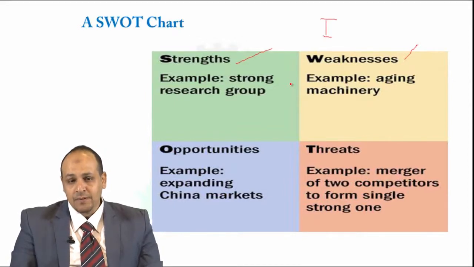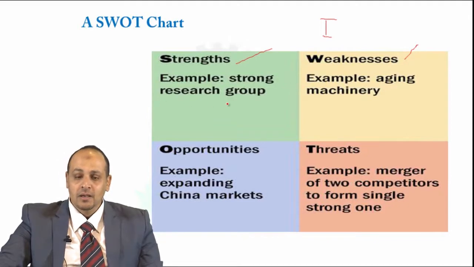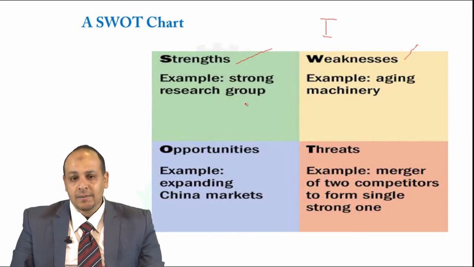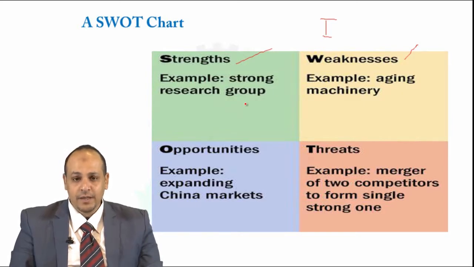An example of a strength here is a strong research group. A company may sometimes have a research and development section, and such a business entity within the company can help the company come up with creative ideas which can be implemented in the market.